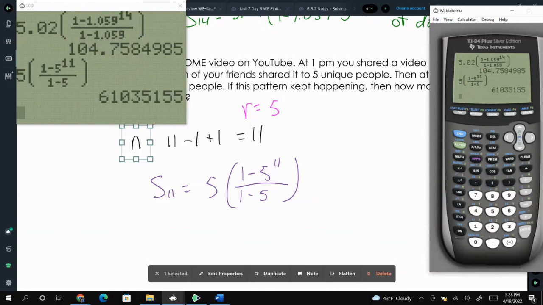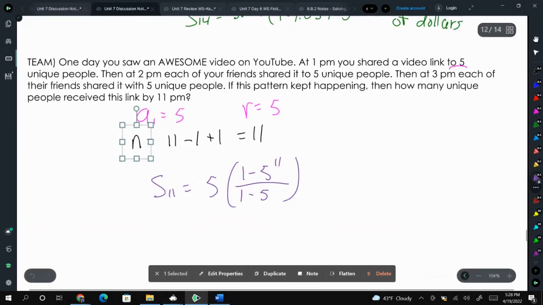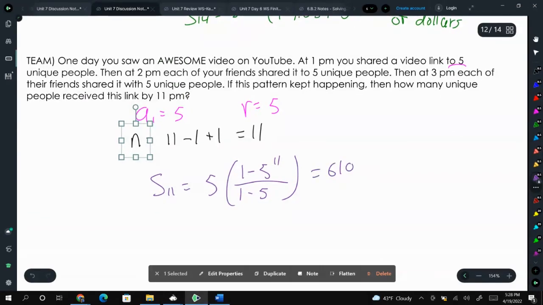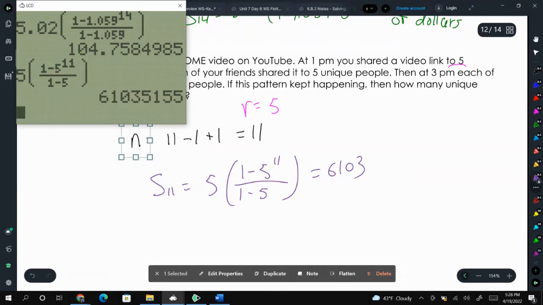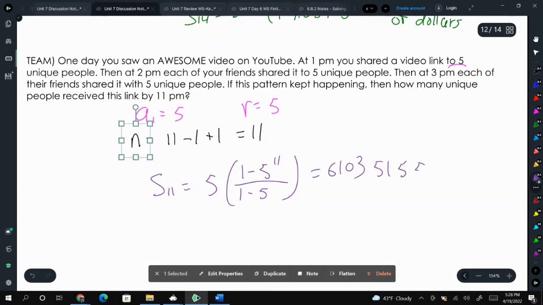And we get that large number. That's how many people have had the link after those 11 hours. 61,035,155. So that's the power of exponential growth.